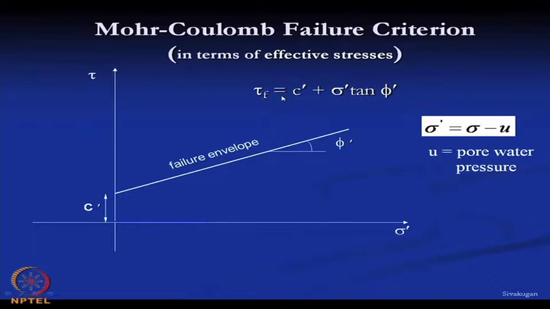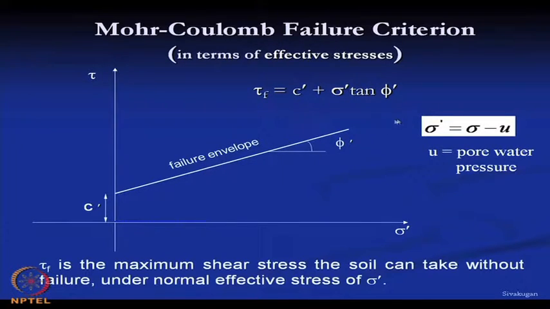In terms of effective stress, this will be C bar, the effective cohesion, plus sigma dash into tan phi dash, where sigma dash is sigma minus u, and u is the water pressure. A similar envelope can be determined, but in terms of effective stress. So, tau f is the maximum shear stress the soil can take without failure under normal effective stress sigma bar.